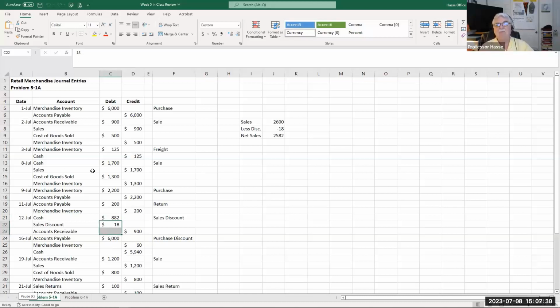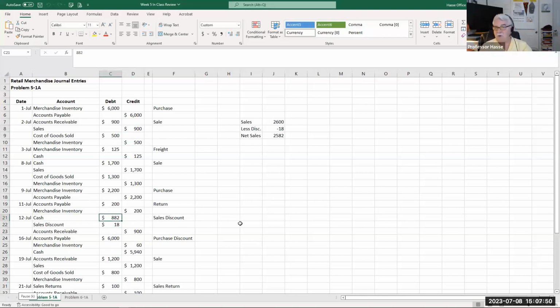In other words, I'm willing to give them a discount so I get the money quicker. So I sold it to them for $900, but now there's going to be a debit in the revenue account, sales discount, lowering how much I sold them by 18 bucks because I gave them a 2% discount.